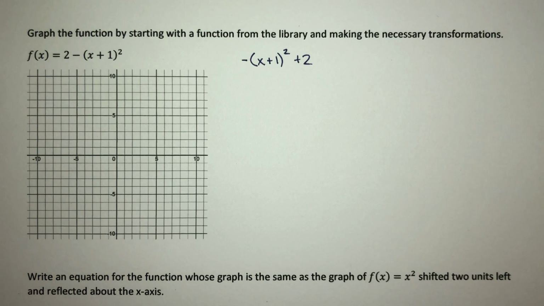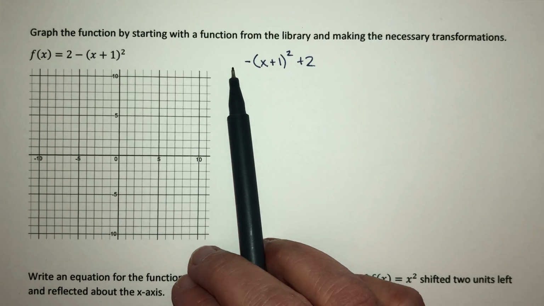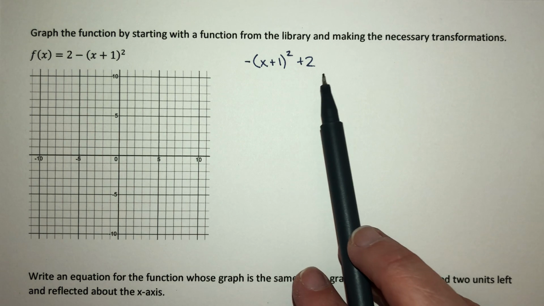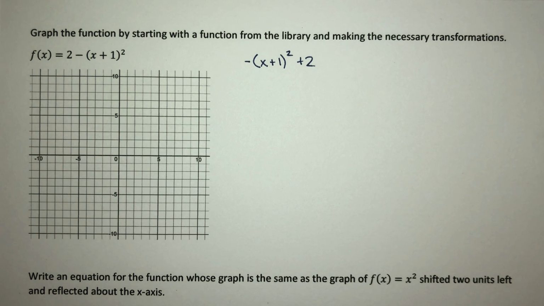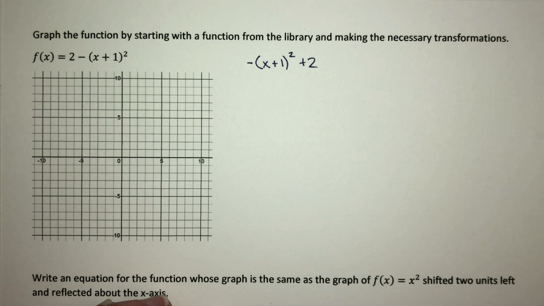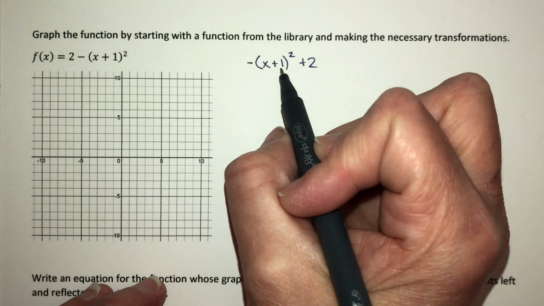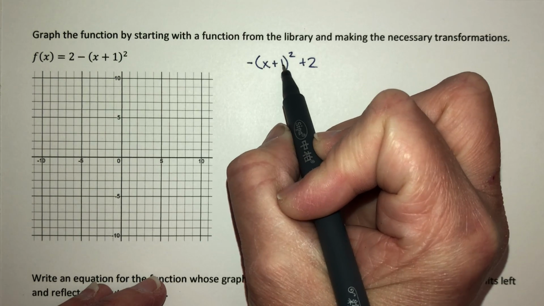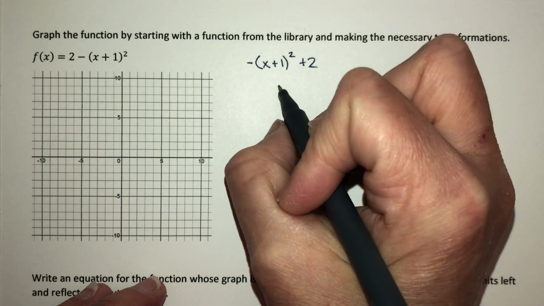So we have a reflection of some kind, a horizontal and a vertical shift, so we need to talk through those. I'm going to write down my plan, and then I'm going to go do the graph. So we deal with horizontal shifts first. So right inside here, I'm going to be going left 1.